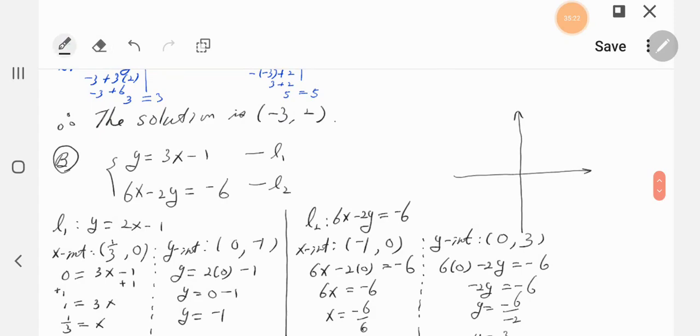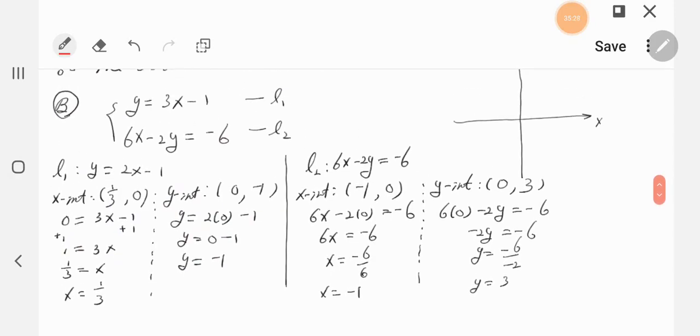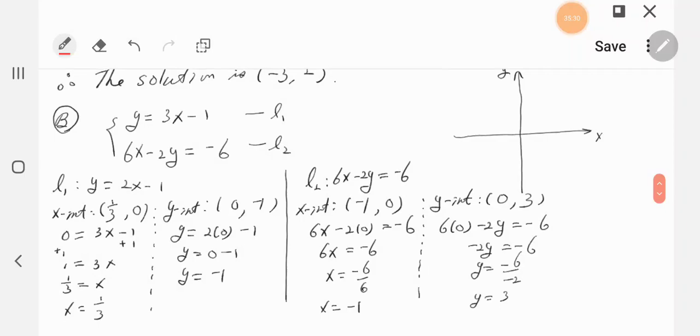Okay, line 1. This is the x-axis, y-axis. For line 1, use a red color. The x-intercept is 1 over 3. Let's say this is 1, 2, 3. So 1 over 3 is around over here, right? Okay, the y-intercept is, x is 0, y is negative 1.